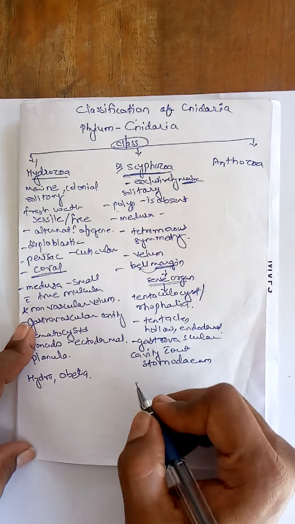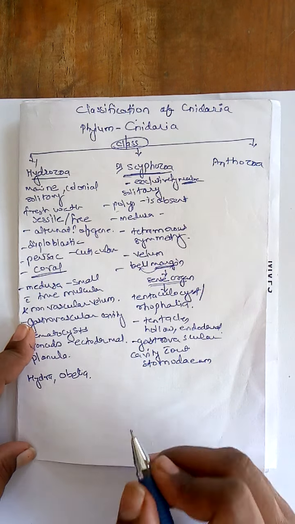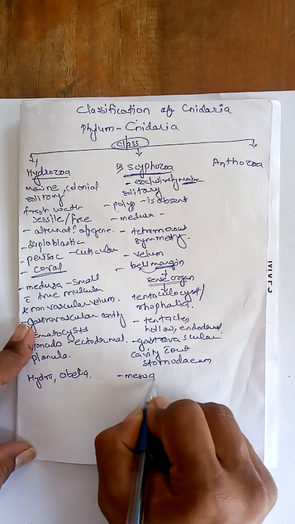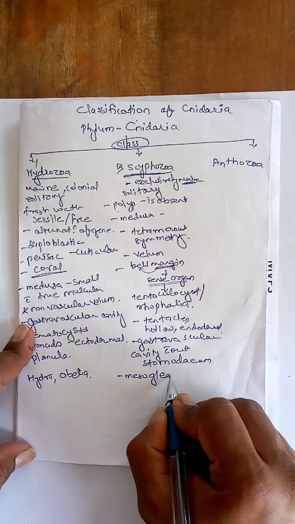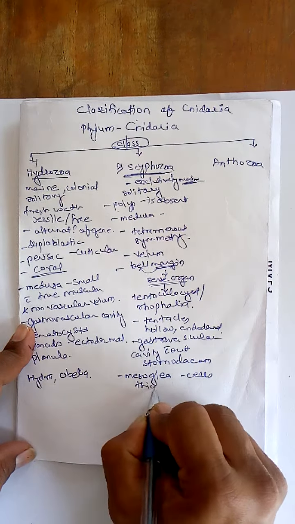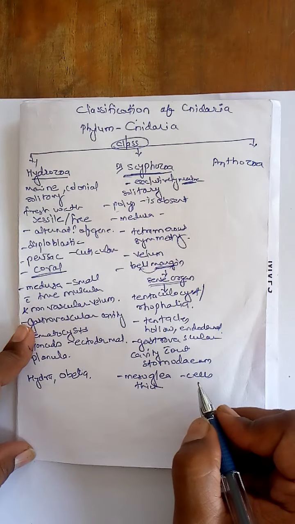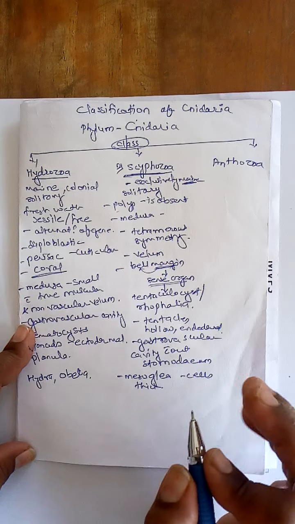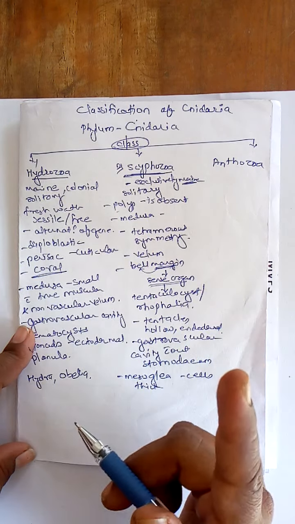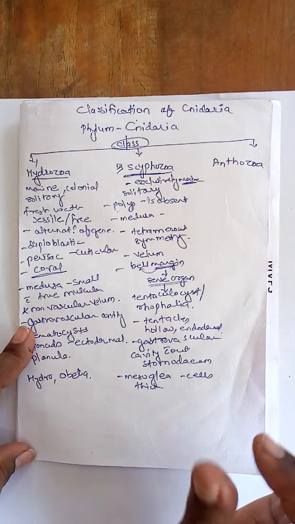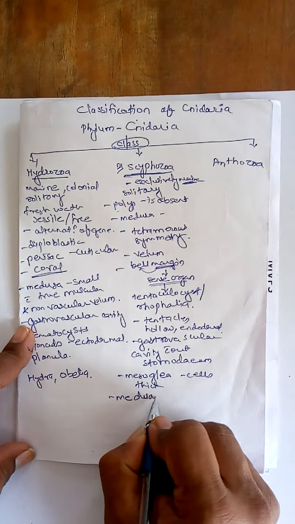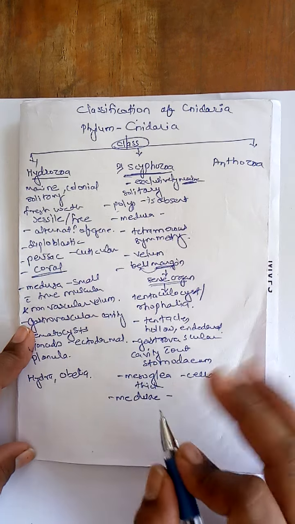Then the next character is the mesoglea, which is comparatively thick and contains cells. Then the medusae are dioecious, with four endodermal brightly colored gonads.